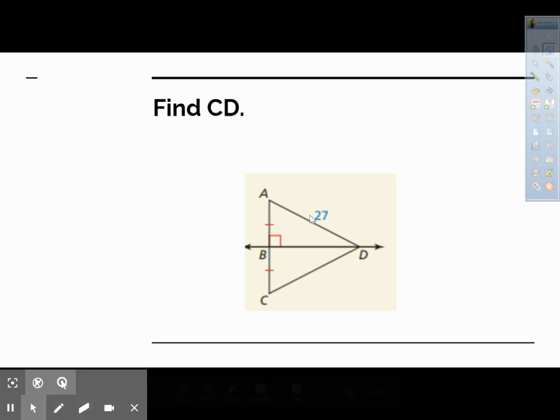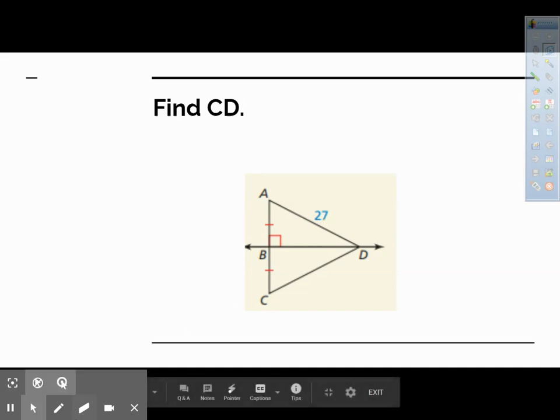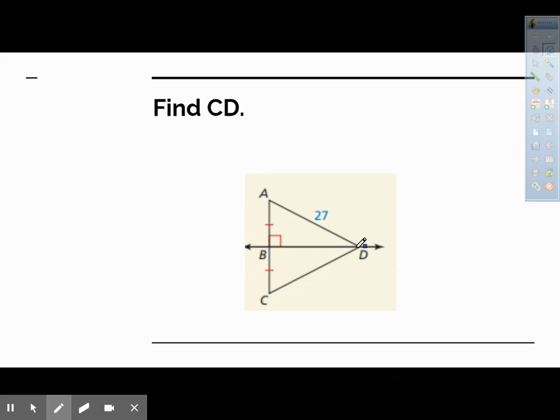This one here, first thing you need to do is fill out that number that's missing. It says find the length of CD. Now, in order to find CD, you have to make sure that this line is the perpendicular bisector. Abby, can I say that BD is the perpendicular bisector of segment AC?